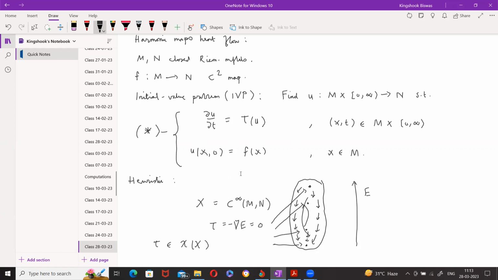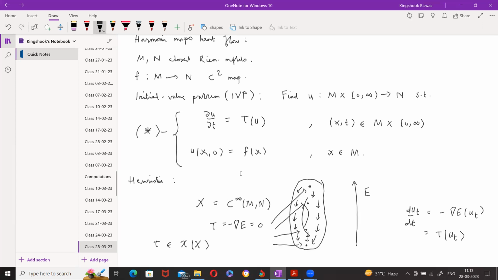So our heat equation's solutions you think of as integral curves of minus grad E, which is tau of u t.